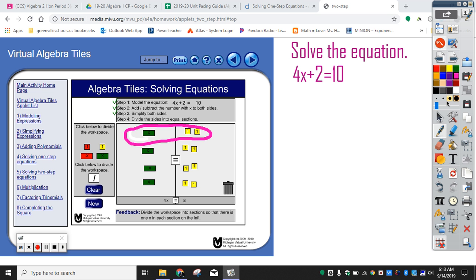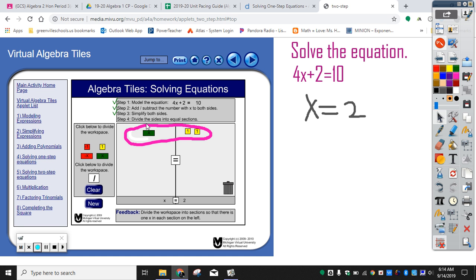And so what that tells me is that in my equation, x equals 2. And I can make sure that's true by checking my balance scale here, making sure that I've checked my work.